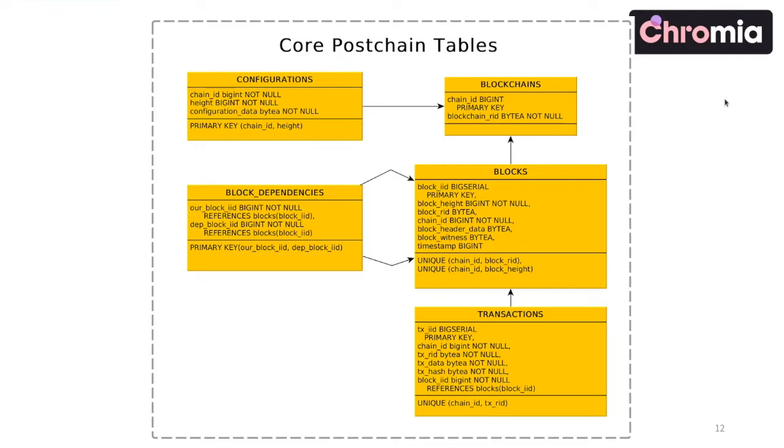But we will only have one blockchain, referred to by chain ID. One blockchain will have many blocks, of course, and one block will have zero or many transactions. The dependencies are just stored in a table like this, where one block is dependent on another block from another chain. So that's how it works.